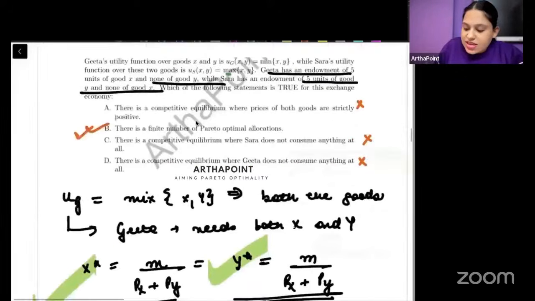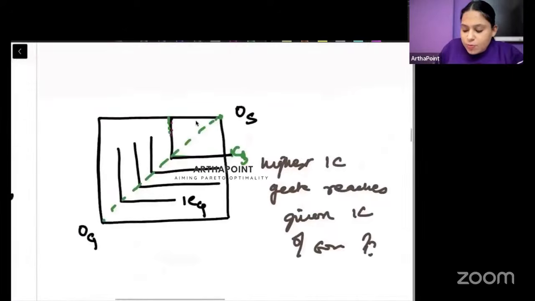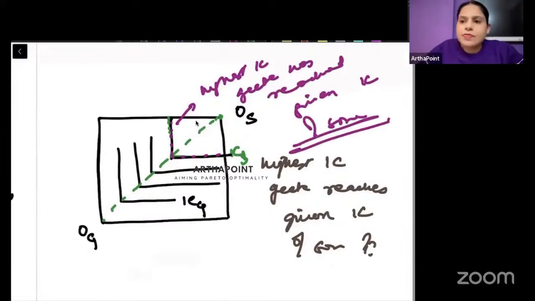This also has the same kink point and this also has the same kink point. So all these bundles, they will be Pareto optimal. This is the highest indifference curve Geeta has reached, given the indifference curve of Sara. So of course, definitely these are all Pareto optimal points.